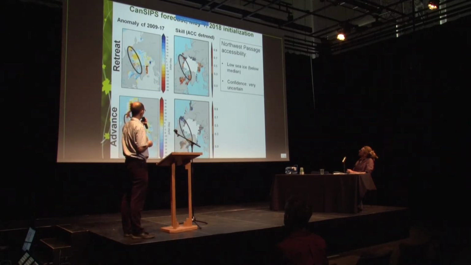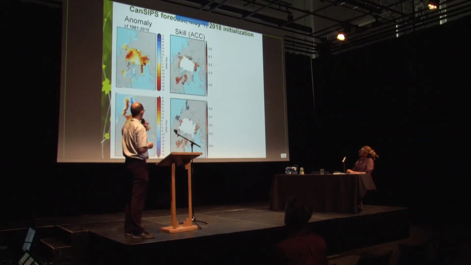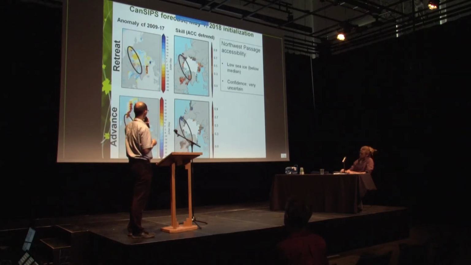Northwest Passage, low sea ice in general, but there are also these blue colors here, and the skill is not very impressive, I should say. All these anomalies were relative to 2009 to 2017, which makes our job a bit more challenging.